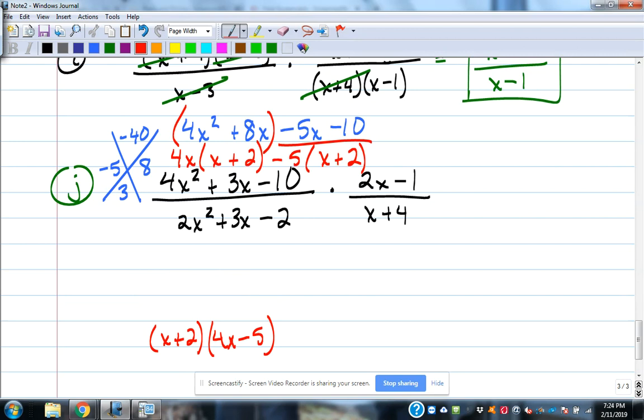Now I've got to factor the bottom part. I'm going to use the X method on it. Multiplies to be negative 4, adds to be 3. Negative 1, positive 4.